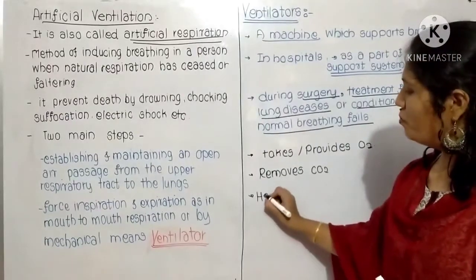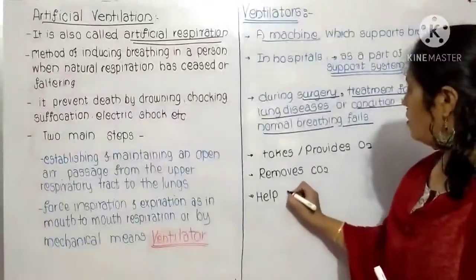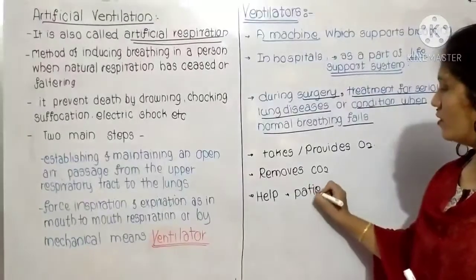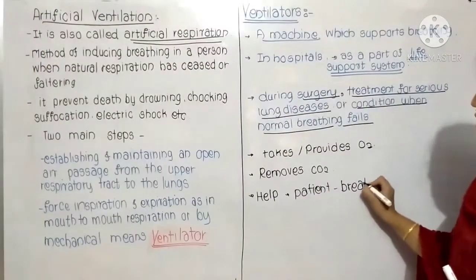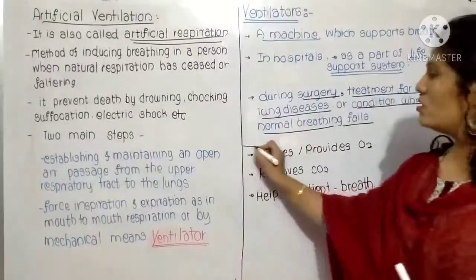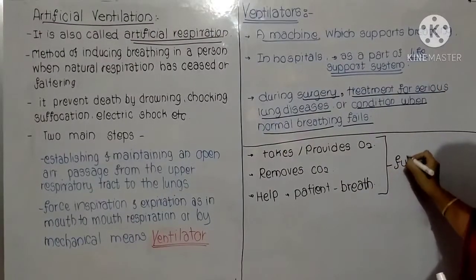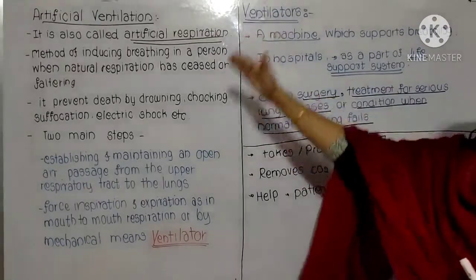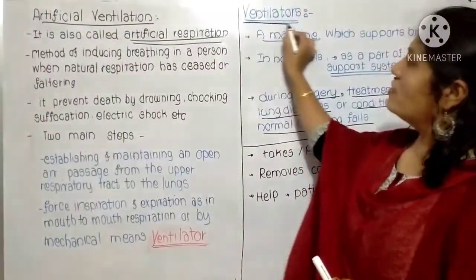The function of this ventilator is very important to help the patient during breathing. So these are the functions of ventilators. We have covered artificial ventilation, and the next topic is the ventilator.